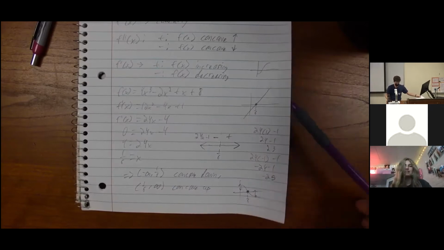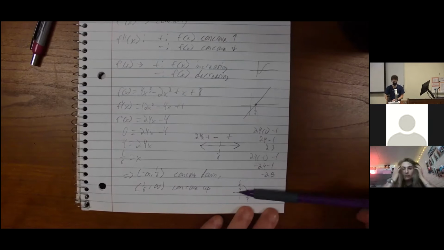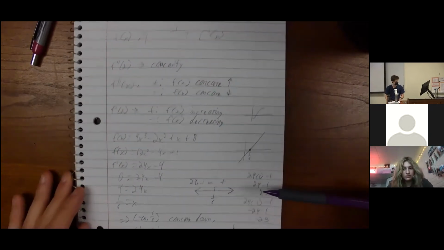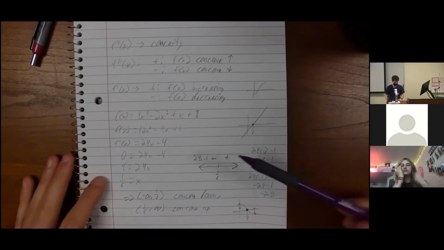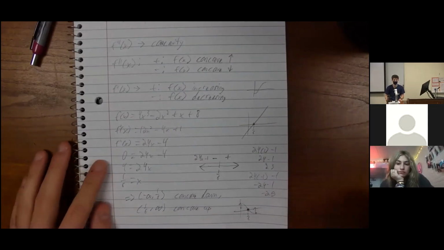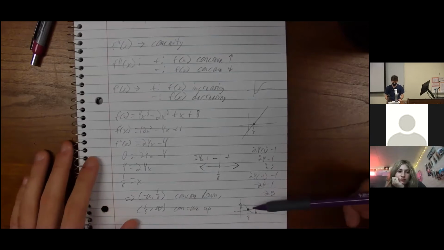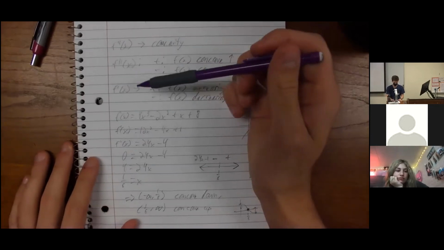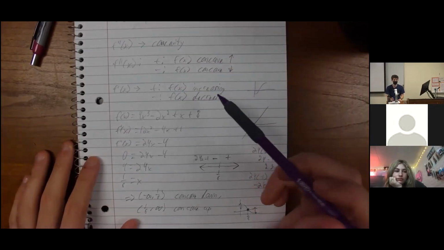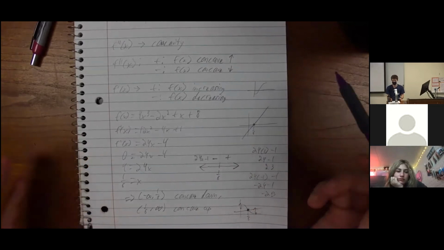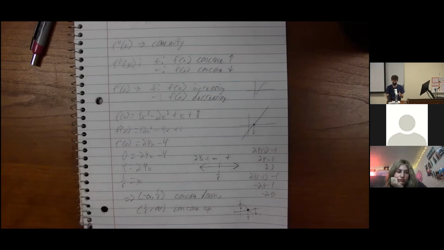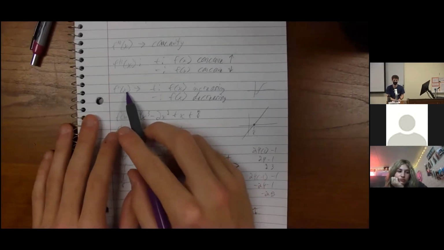So that's just a general overview of concavity, and this very simple stepwise process of thinking: if I want to tell where the function is increasing and decreasing, then I only need to use the first derivative.